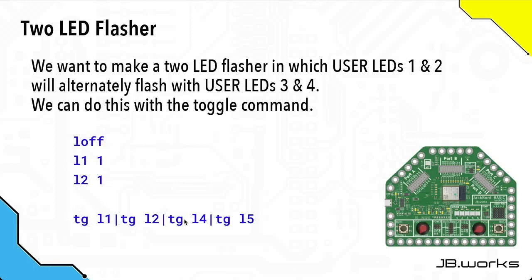And then finally, this is the command that will actually do the toggling. So what we're doing here is we're toggling user LED 1, toggling user LED 2, which because they're already on, will turn them off. And remember that user LEDs 4 and 5 were already off, so when we toggle those, they'll turn on. So that means that at any time, we should only ever have user LEDs 1 and 2 on, or user LEDs 4 and 5.